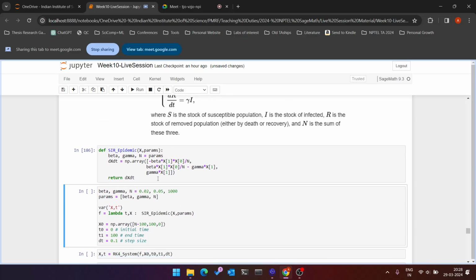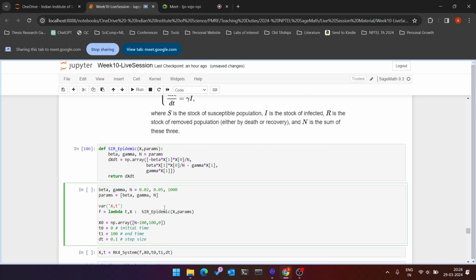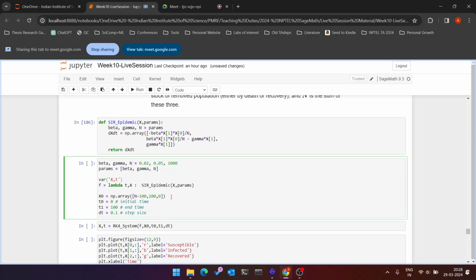You can see that the way that I have specified, gamma is far larger than beta, which basically tells me that the population recovers faster than it gets infected. And again, the same process. Initially, there are 100 infected out of 1000. The remaining are susceptible, so 900 are susceptible, and none of them have recovered.